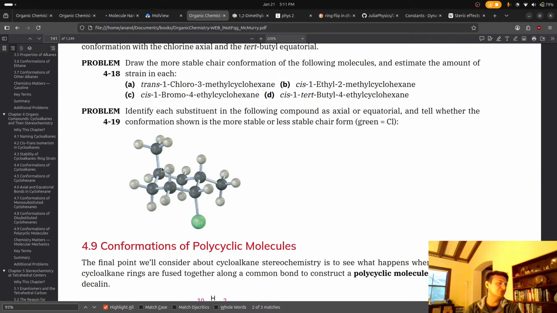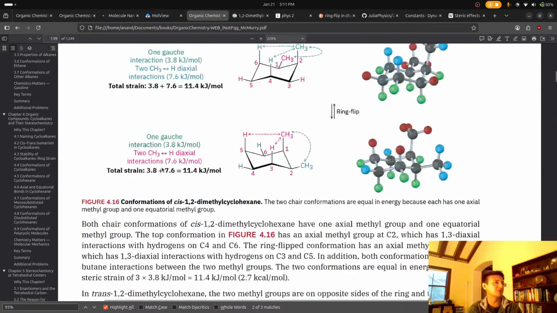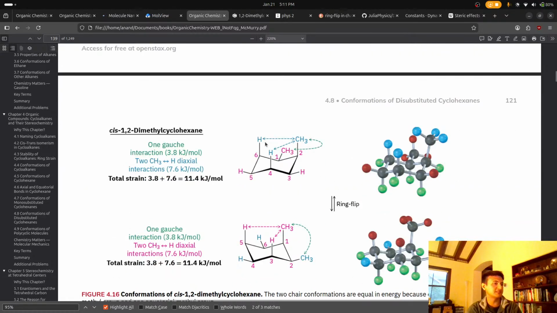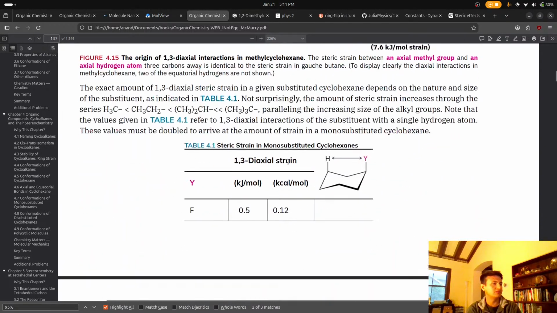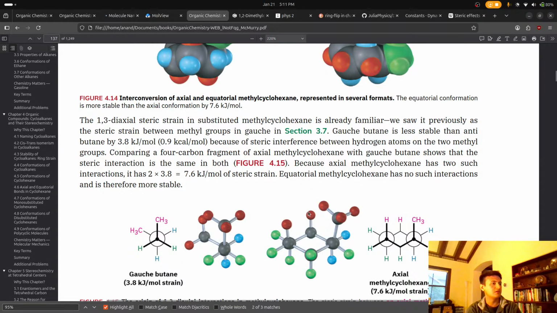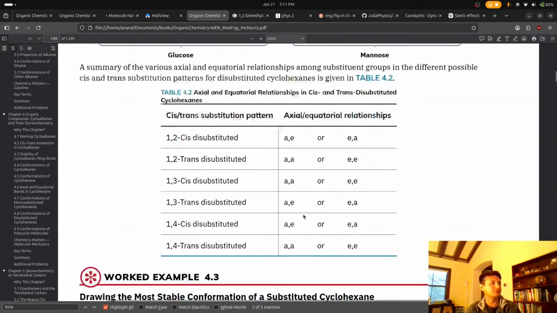And I would assume even for 1,3, but 1,2 trans you probably want axial. Or actually no, that was the punchline of this thing, that it actually ended up not being what you expect. Or was it that one? I forget which one it was.